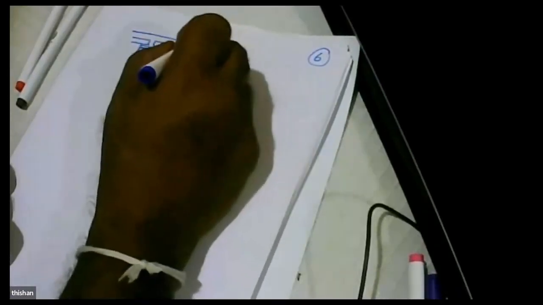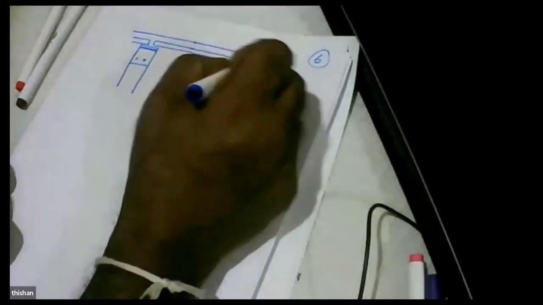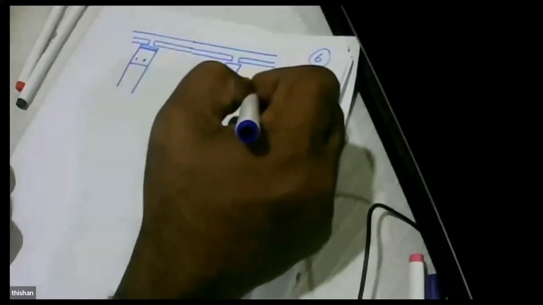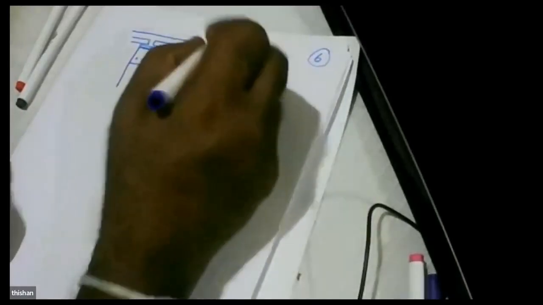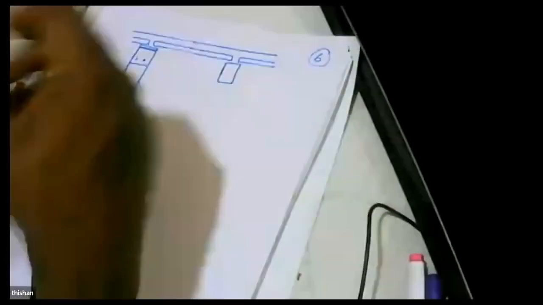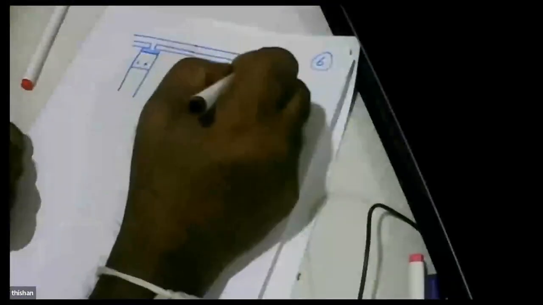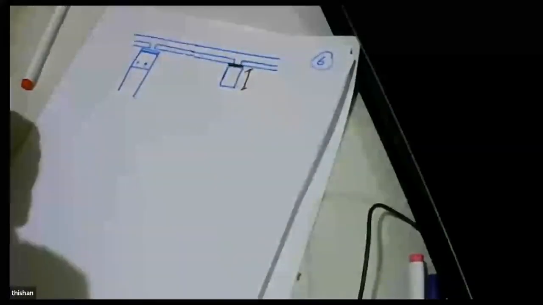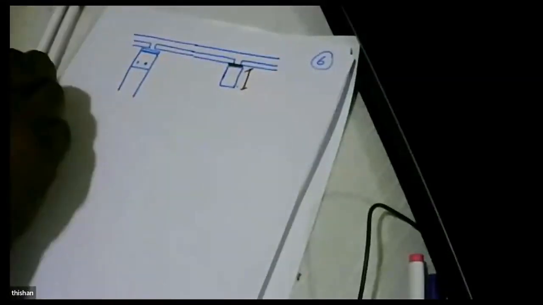So earlier I showed you that the beam can be designed as a flange beam. But here what we do is we separate the beam so that the beam depth may be a little higher. We have to increase the height of the beam, but we can design it as a rectangular beam.